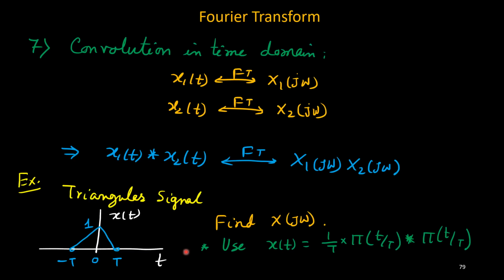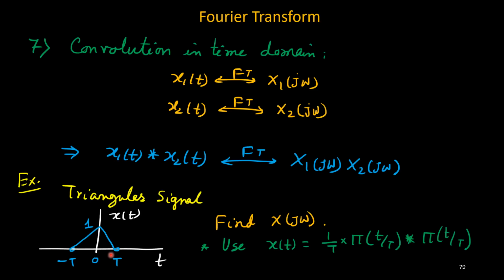In a similar way, you can use the differentiation property. If you take the derivative, the left side will become one window function and the right side will become another window function, but here it is a negative slope and there it is a positive slope. Then you can use the result for the window signal and the property of derivative, and in that way you can solve it.